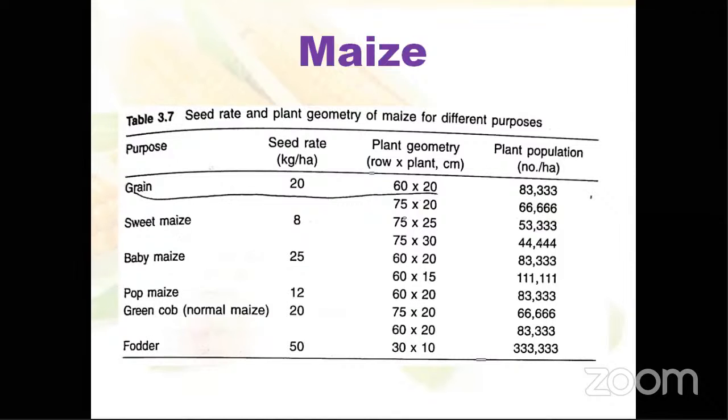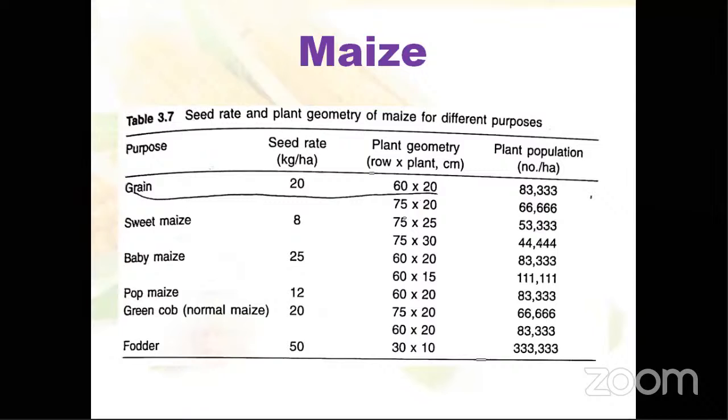Then in case of 60 to 15, it is 1,11,111, that is 1 lakh. Okay.